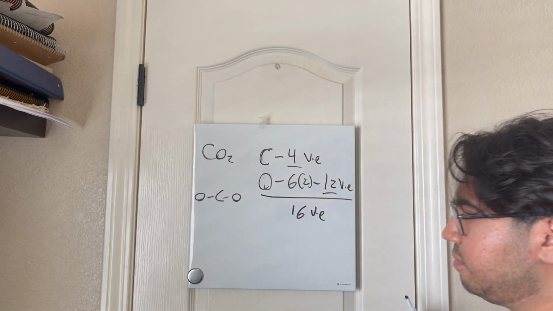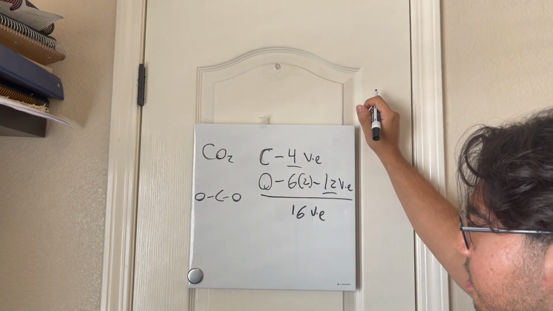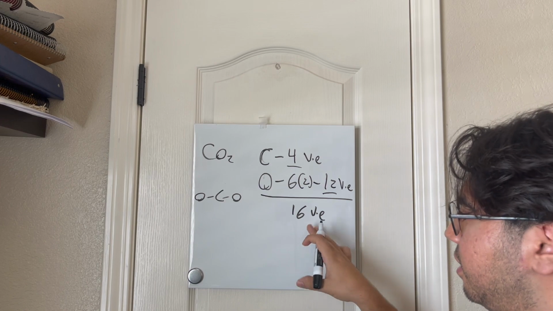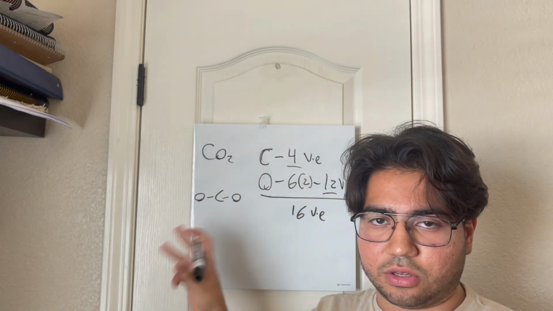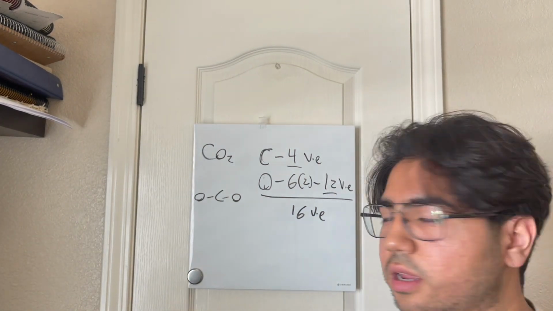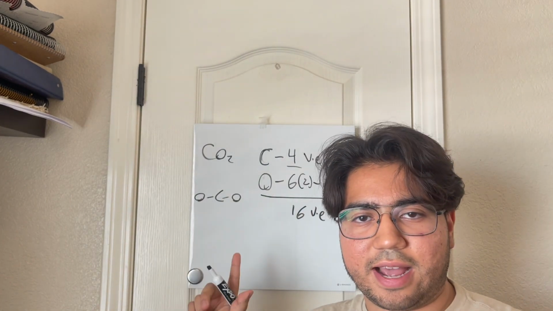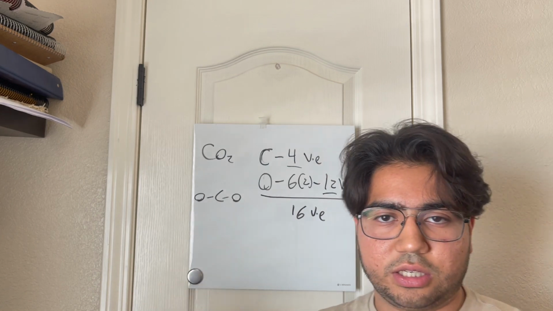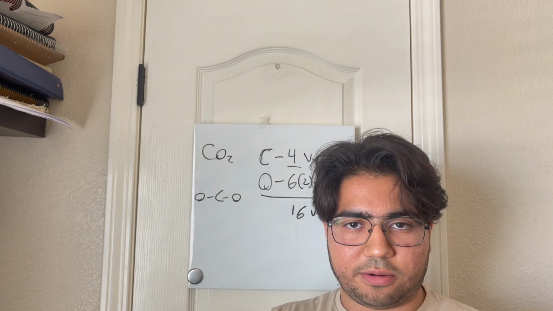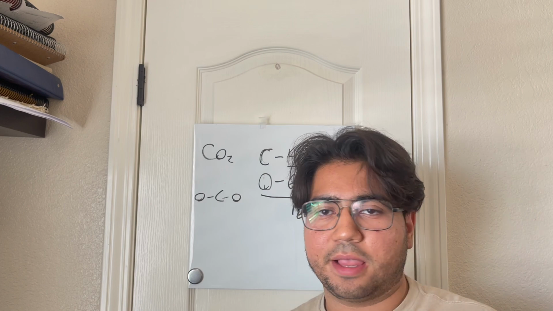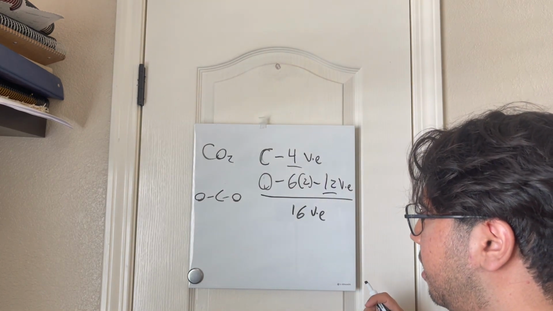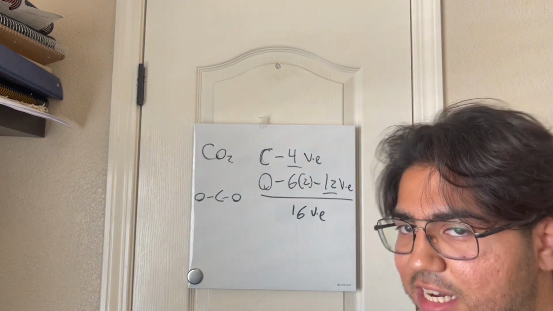Okay? So we have to dump all of these 16 valence electrons into this structure. The way we dump them in is we start from the outside atoms, in this case oxygen, into the central atoms, in this case carbon. So the way I like to do it is dashes, right?